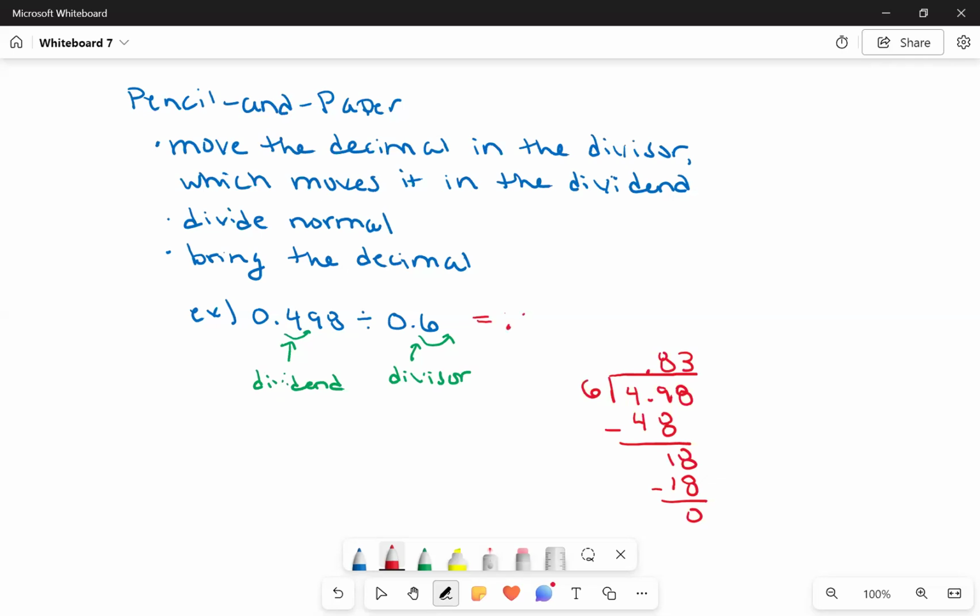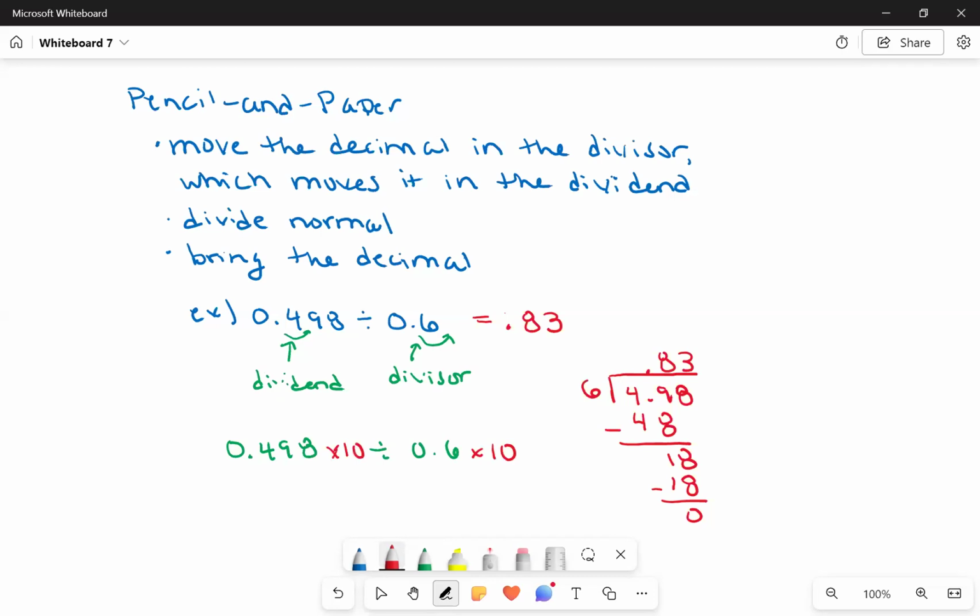So the process of moving the decimal, really secretly what we're doing is multiplying by powers of 10. In this case, because we want 0.6 to no longer be 0.6, we want it to be a 6. We multiply it by a 10, and that moves the decimal once to the right. And then we have to do that to the dividend too.